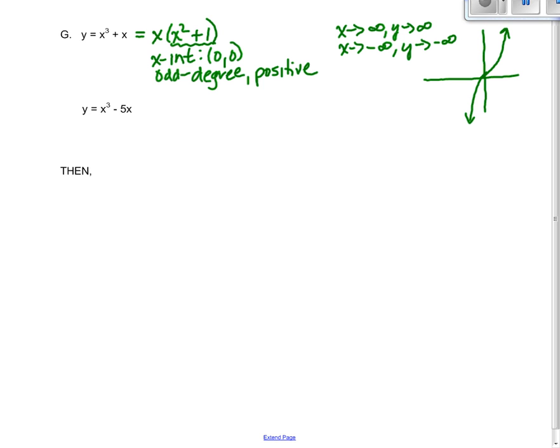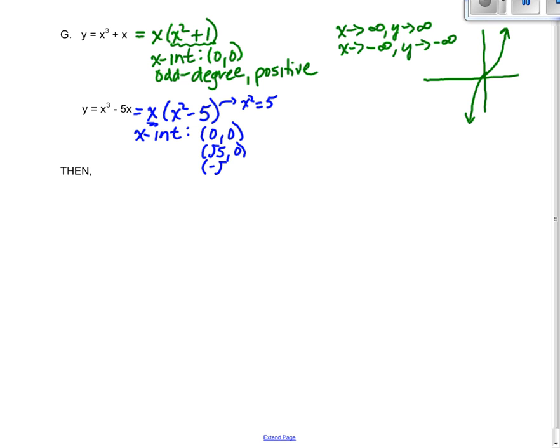The second one, just quickly, if I were to just factor that out, I have x squared minus 5. I have two x-intercepts. 3 x-intercepts, I'm sorry. My x-intercepts are 0 from that. And if x squared were to equal 5, I would have another x-intercept. I would have one at root 5.